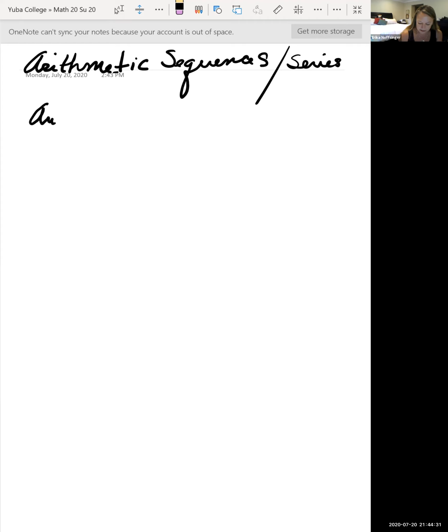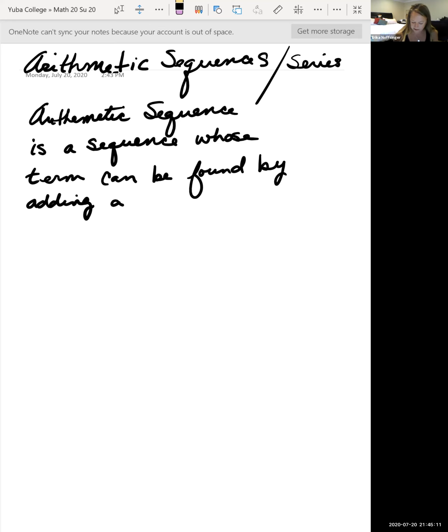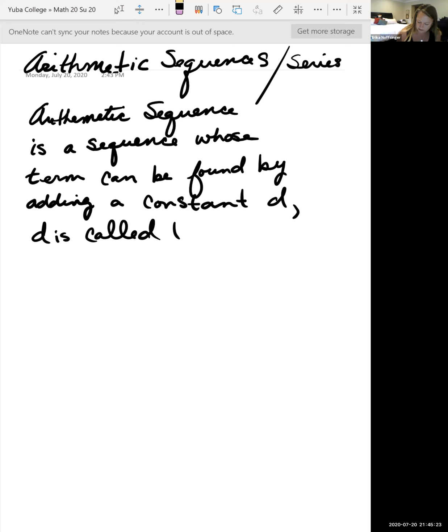So an arithmetic sequence is a sequence whose term is found, or whose term can be found, by adding a constant d. d is called the common difference.